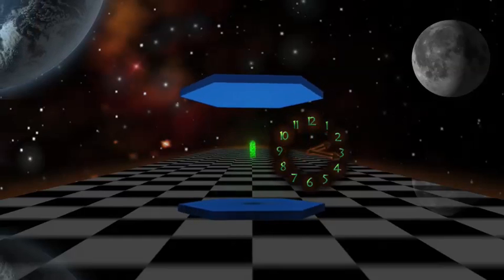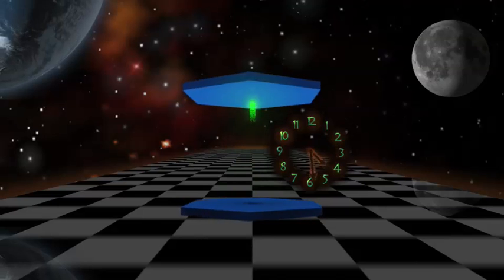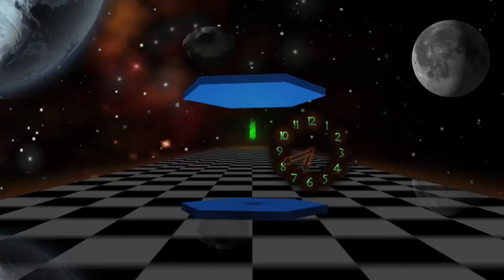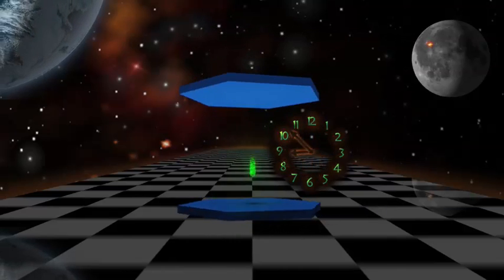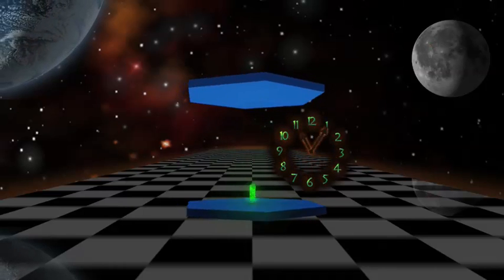Let's imagine constructing a clock in which a beam of light bounces between two mirrors. Whenever the light strikes the bottom plate, the clock advances.